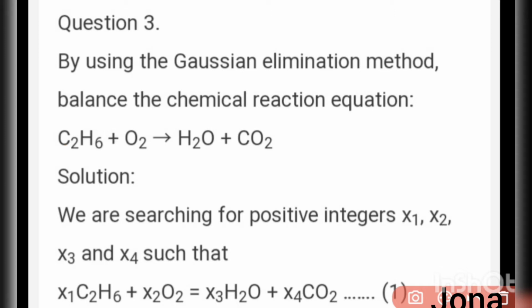So now I want to keep the coefficients as variables x1, x2, x3 and x4. So let the positive integers be x1, x2, x3 and x4 here.